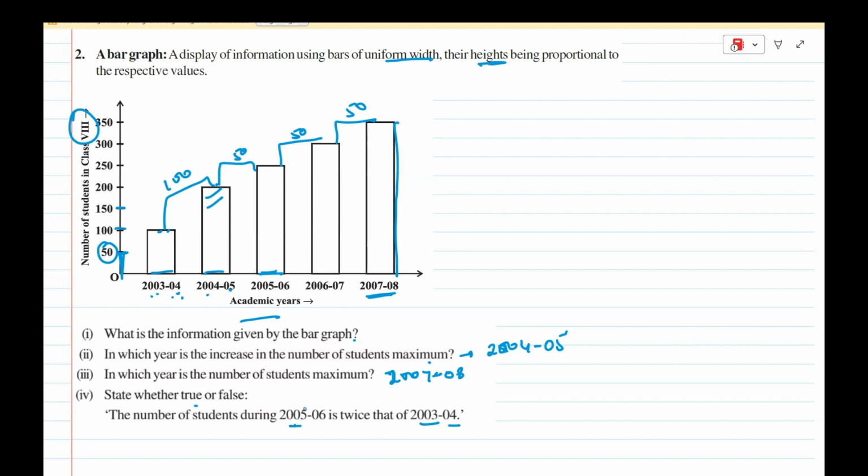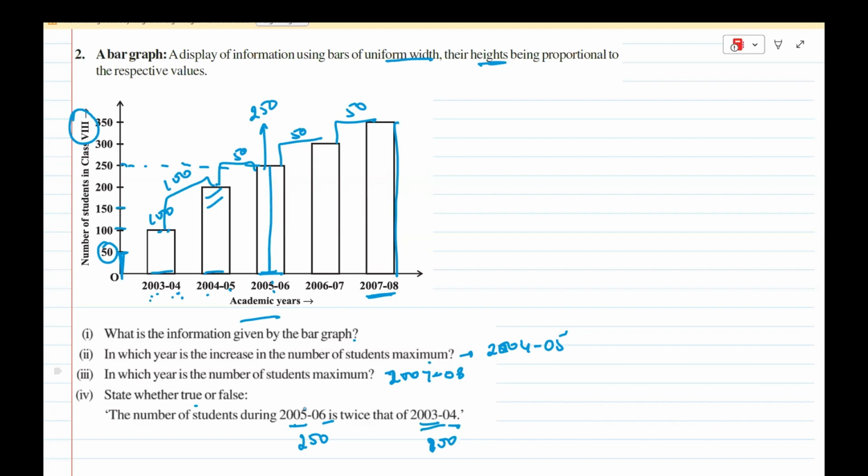So let's see. 2005 and 2006. How many students were there? We can read the number of students from here, which was 250, correct? So in 2005, 2006, there were 250 students. And in 2003, 2004, there were 100 students.